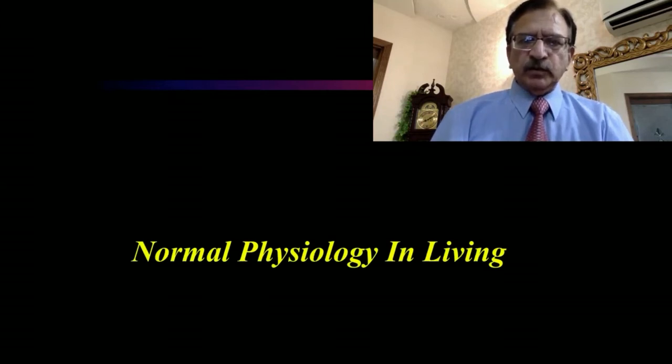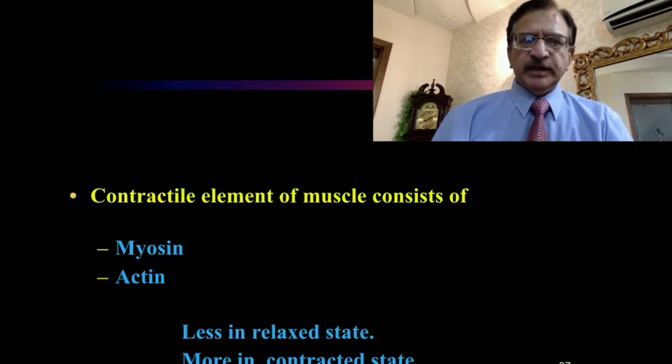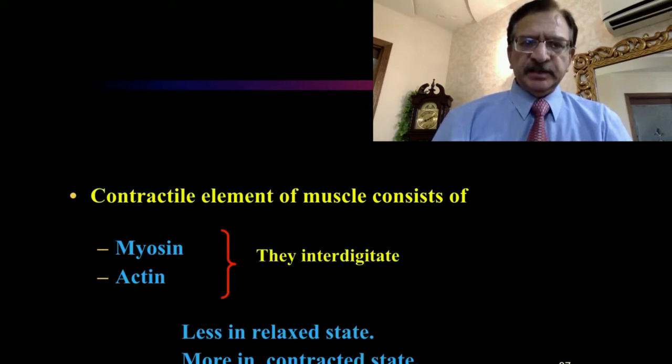Let us briefly discuss the normal physiology in the living. As we know, the contractile element of muscle consists of myosin and actin, and they interdigitate with each other. They interdigitate less in the relaxed state and more in the contracted state.